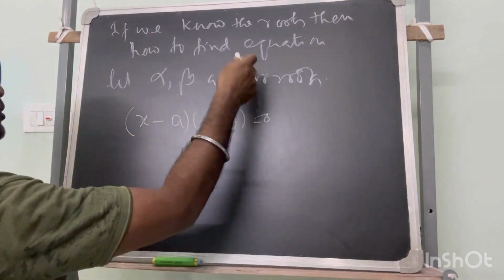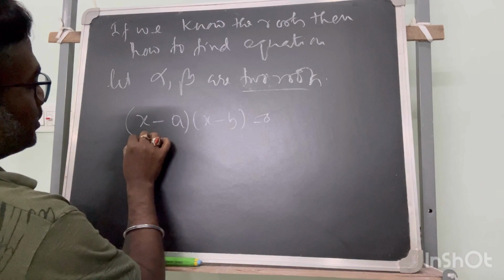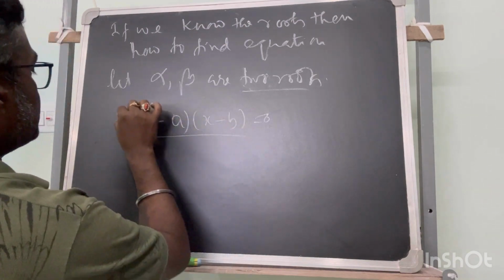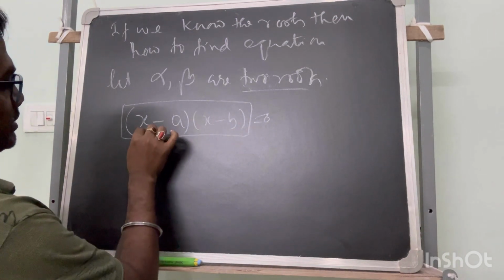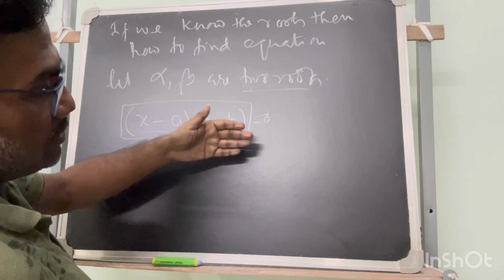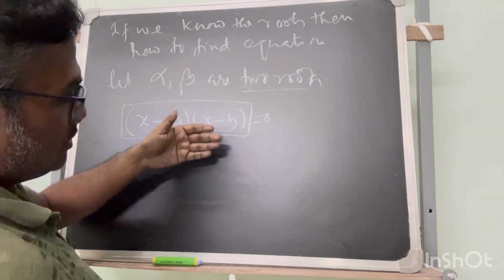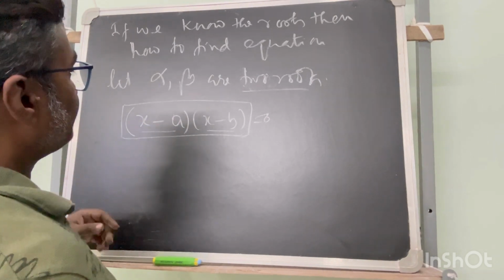I am talking about the quadratic equation. Two roots means quadratic equation. If I can represent this in this form, then only I can say that both or any of these is 0. From there I can establish the value of the roots.